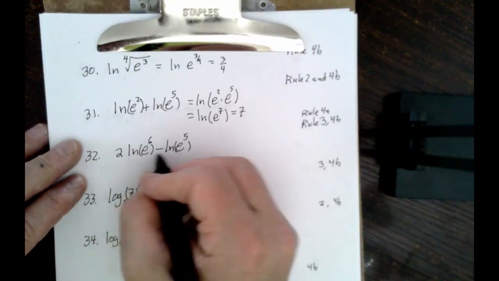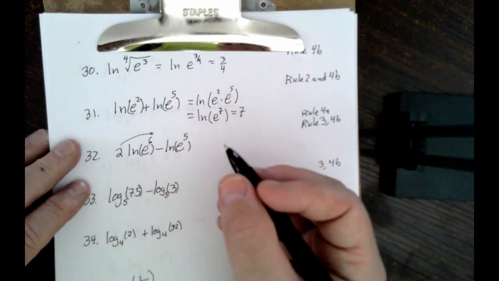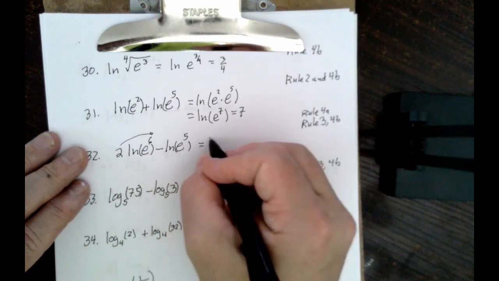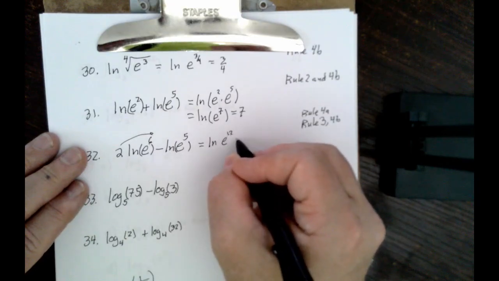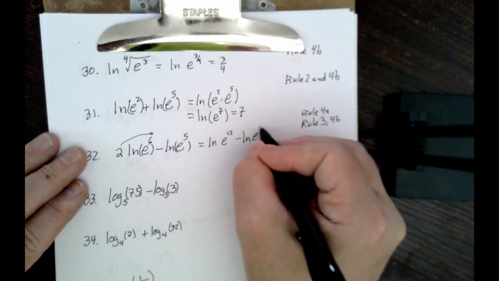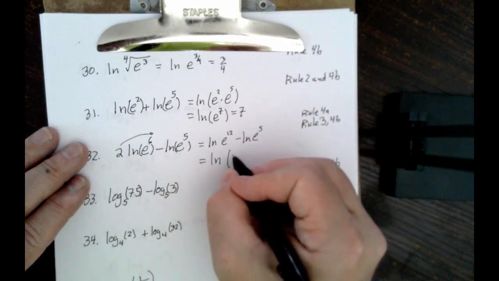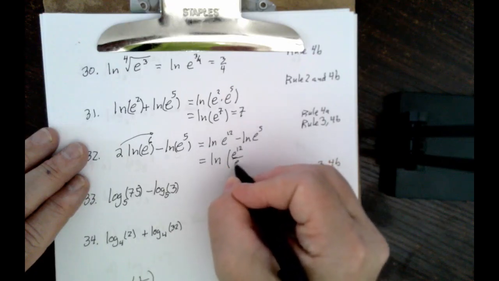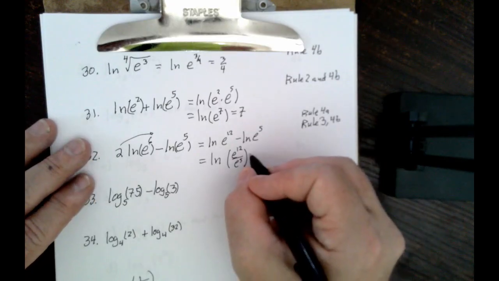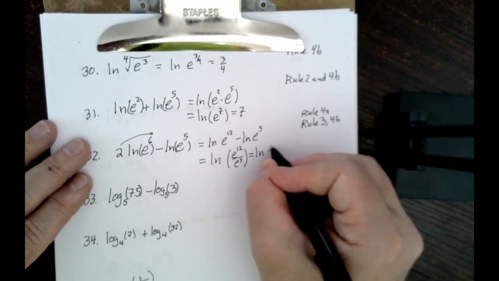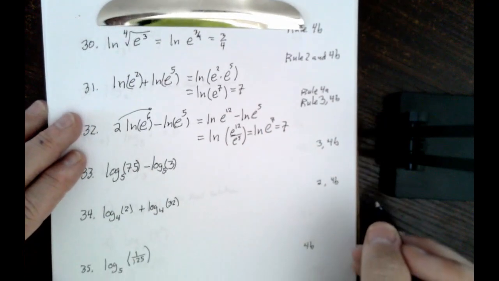And this one, before you can bring these together using Rule 3, you've got to bring this 2 into the exponent, and so you end up with ln of e to the 12 minus ln of e to the 5th, and subtraction becomes division. And when you're dividing terms with the same base, you subtract their exponents. So you end up with e to the 7th, which we now know is just 7.